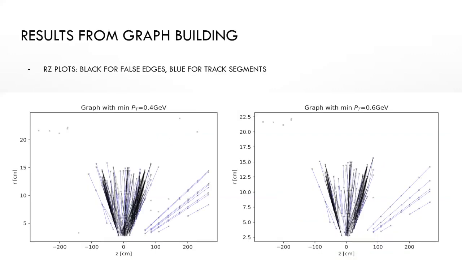And these are some of the graphs that I built. These are the RZ plots. The black is for false edges, and then blue for true track segments.